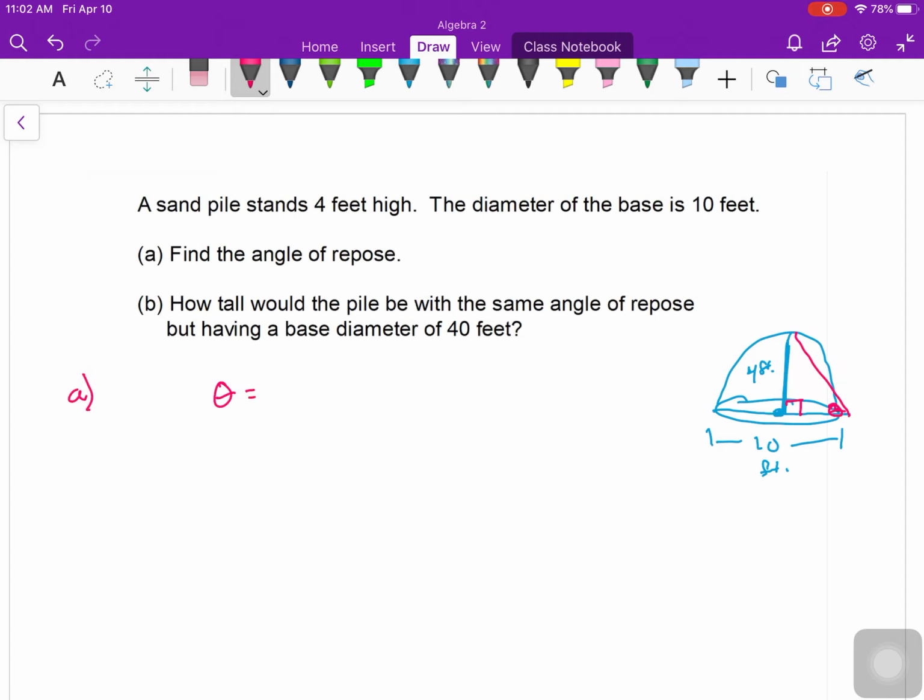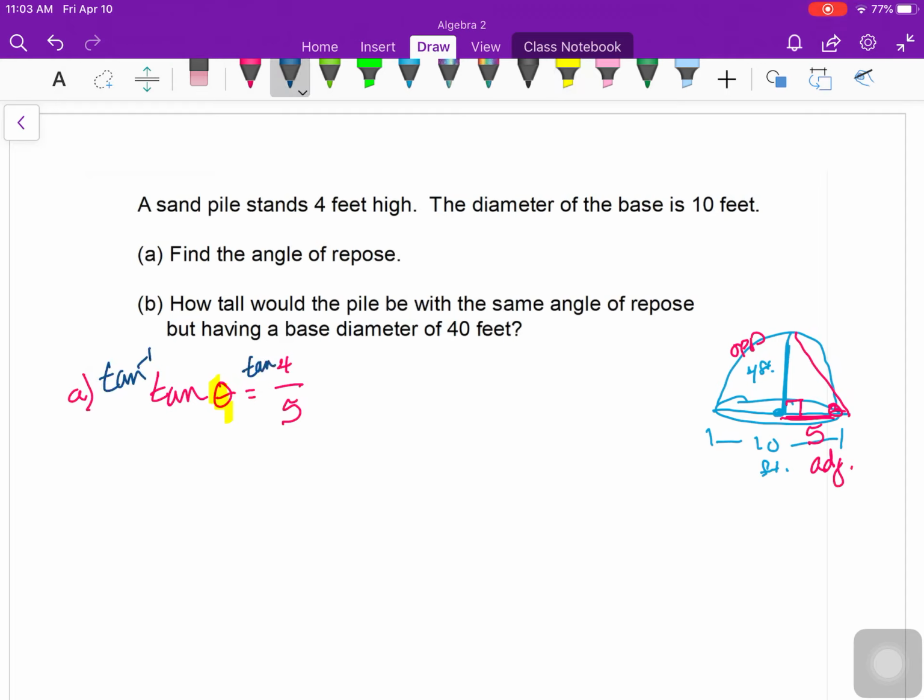So theta equals opposite. Well, this whole side is 10. This length from here to here is 5. So opposite over adjacent is tangent. So the tangent of theta equals opposite 4 over adjacent 5. Well, again, I'm looking for the angle, so I'm going to have to do inverse trig.